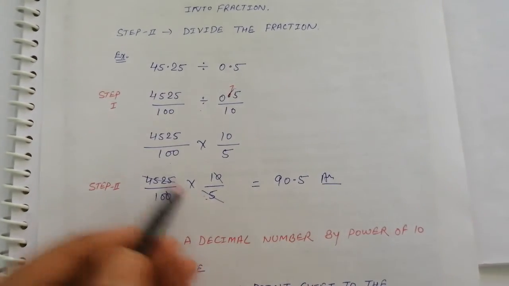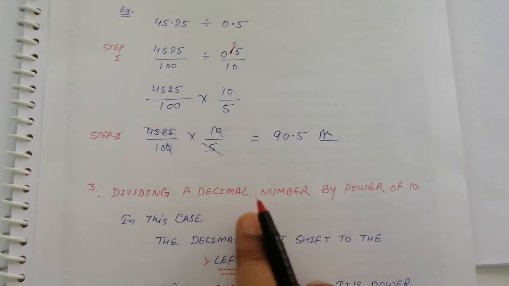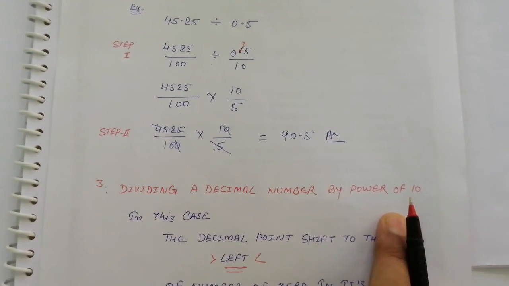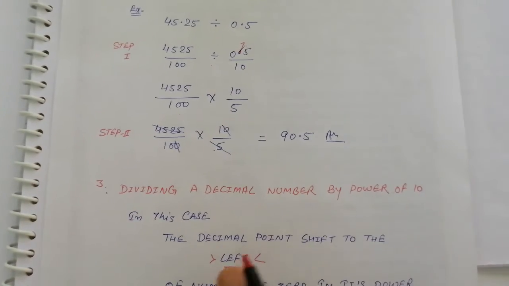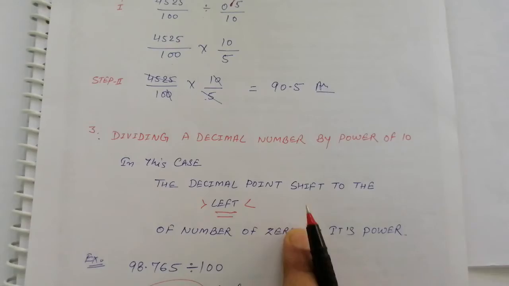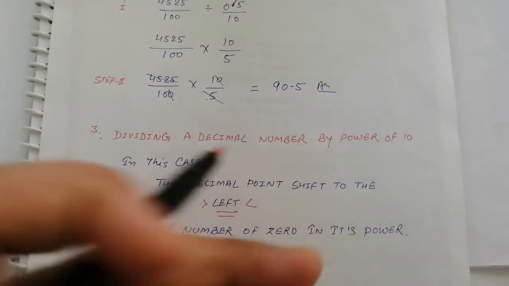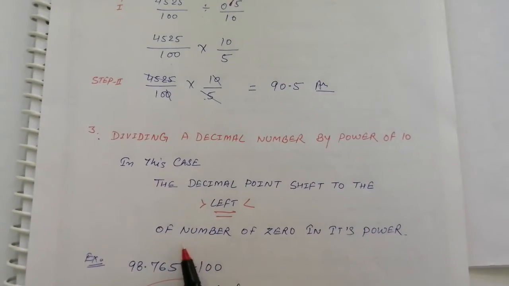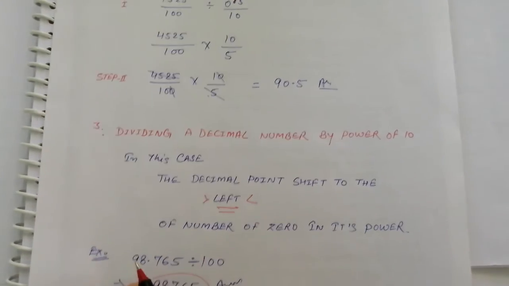This is the solving method. Third, dividing a decimal number by a power of 10. In this case, the decimal point shifts to the left. When multiplying, it shifts to the right, and now in division it shifts to the left by the number of 0s in its power.